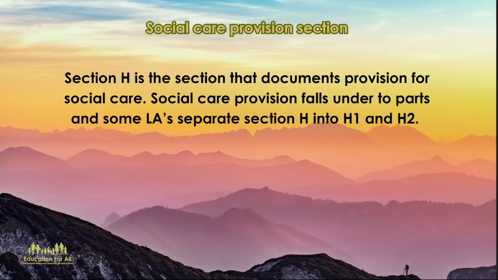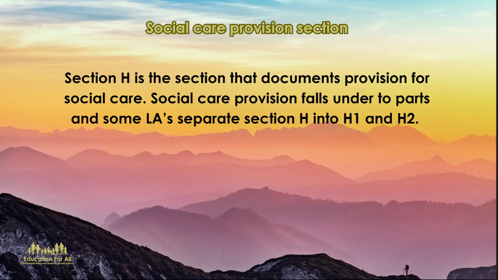So, social care provision section. Section H is the section that documents provision for social care. Social care provision falls under two parts, and some local authorities separate section H into H1 and H2. So social care provision, which is usually set out under H1, covers mandatory social care services for disabled children and young people.